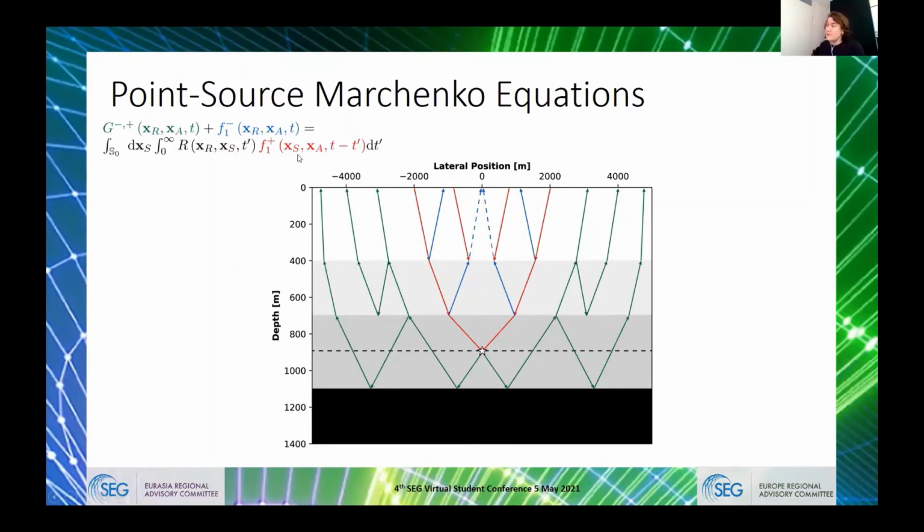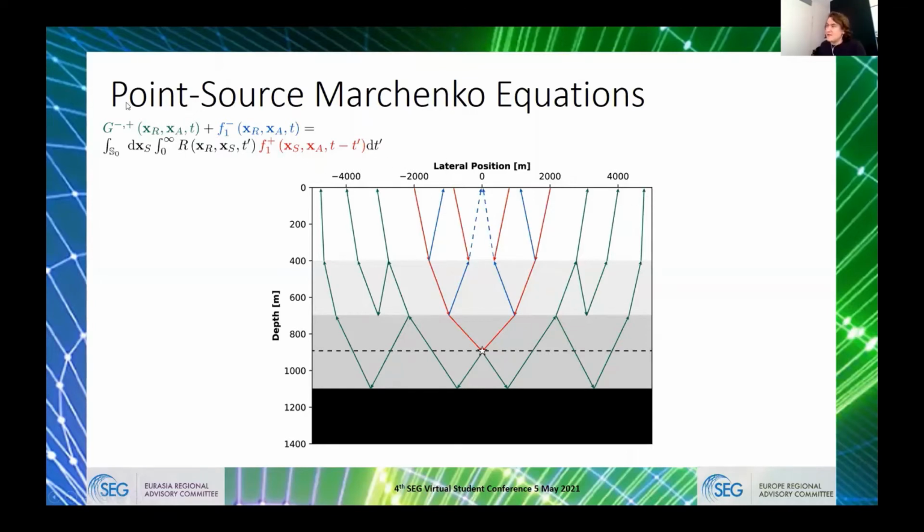So what we do is this focusing function is defined as focusing at point A, and it originates from points XS. So these are basically coordinates, focusing coordinate, and the origin coordinate.